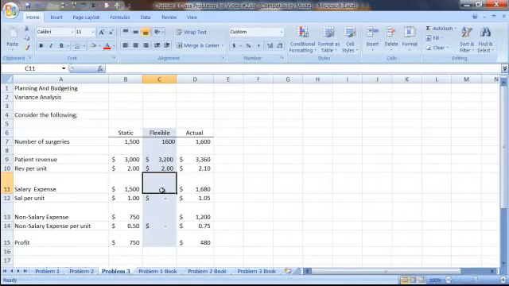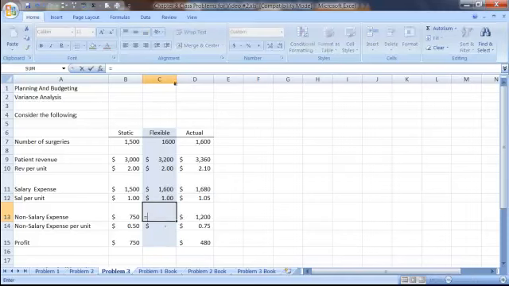Now it's the same thing with the salary. We take the actual number of surgeries, multiply it by our standard of $1, and we get our total salary expense out of our flexible budget. And we'll do it one more time for non-salary: our actual volume multiplied by our standard, and there we go.